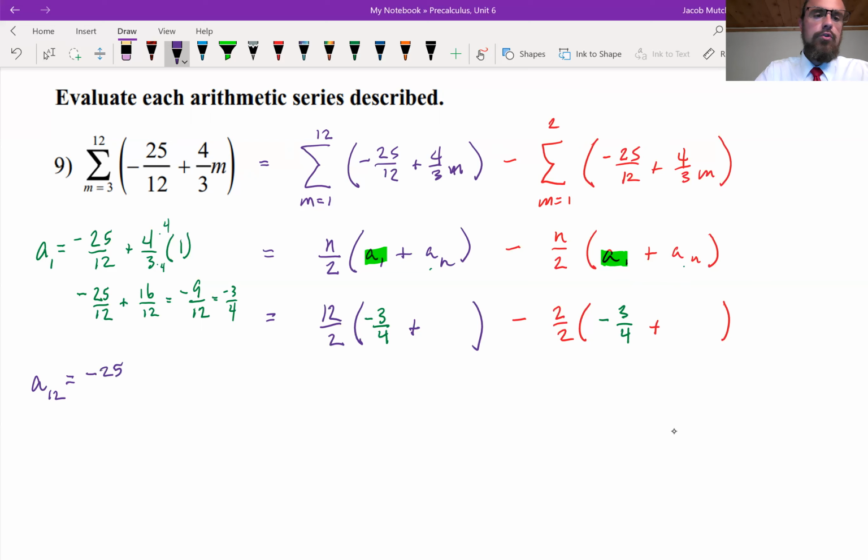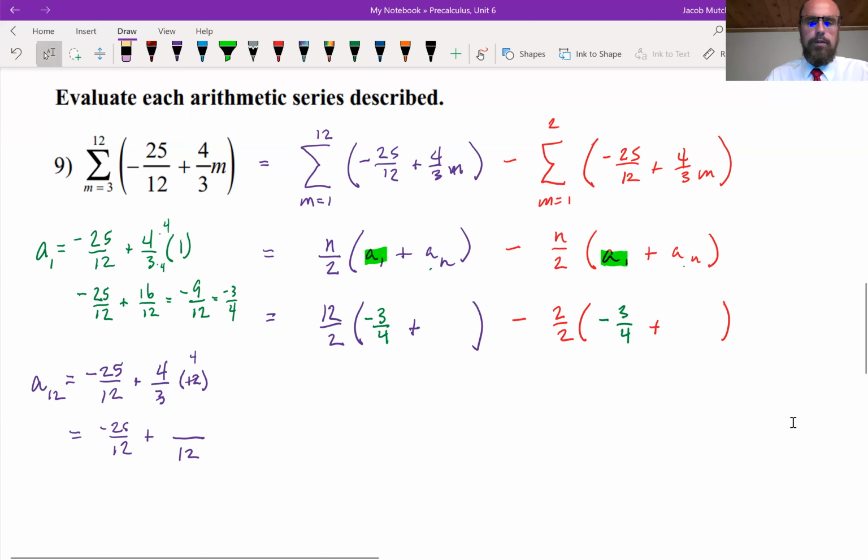I'm just going to plug in 12 for the m value instead of 1. So it's negative 25 over 12 plus 4/3 times 12. So that's going to reduce: 12 divided by 3 is 4. 4 times 4 is 16. So that's negative 25 over 12 plus, and then I want to call 16 something over 12. So that will be useful to calculate here on the screen.